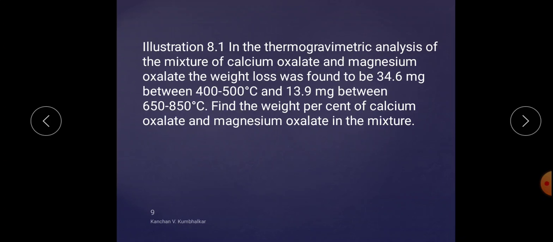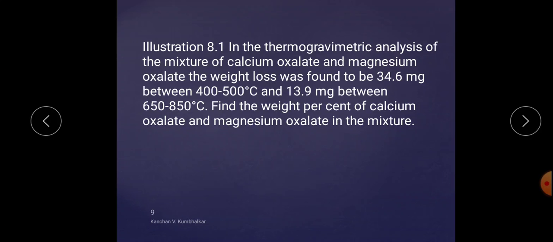Find the weight percent of calcium oxalate and magnesium oxalate in the mixture. I suggest you all take pen and paper, sit down and try to solve it directly. So what is given in this example?